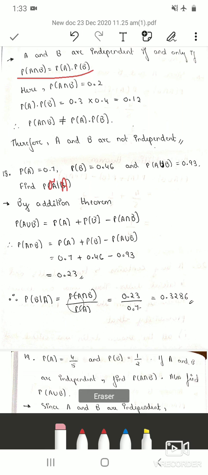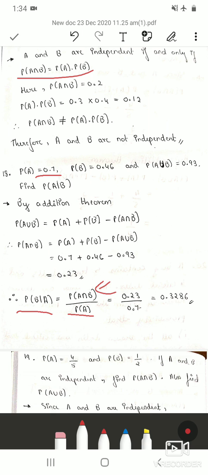Don't get confused. We already have probability of A, but in the question we don't have probability of A intersection B. So first let us find probability of A intersection B.